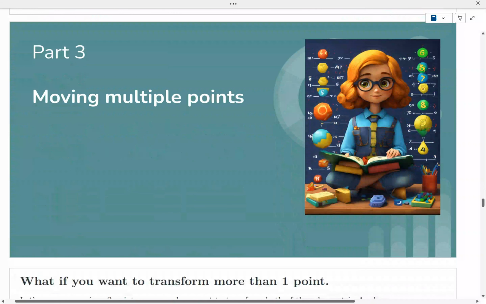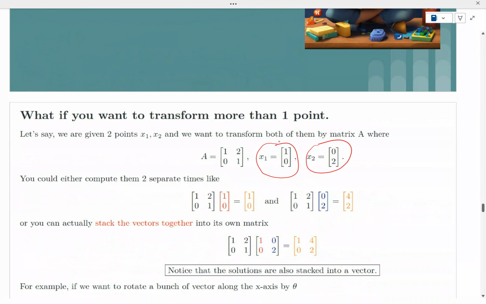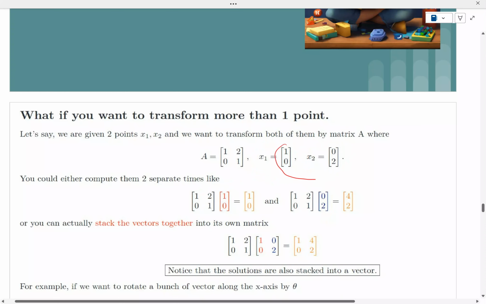All right, what if you want to move multiple points? Well, remember that if we want to move, let's say, 2 points, we could take the first point, multiply by this matrix, and then take the second point. So we can do it twice. However, there's a faster way to do it. Instead of doing them individually twice, we can concatenate them.